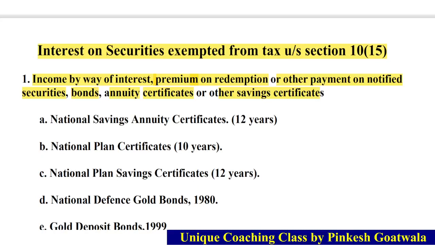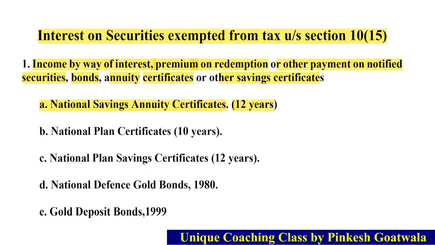So which are they? First, national saving annuity certificate for 12 years. Like we know that we put FD for 5 years, 10 years, this way it is for 12 years. National saving annuity certificate. Remember આ જે પણ certificate છે, bonds છે, okay, એ બધા કોઈ ઇસ્યુ કર્યા છે સેન્ટ્રલ ગવર્મેન્ટ ઓલમોસ્ટ કેસીસમાં, અને ટોટલી એક્ઝેમ્પ્ટેડ છે, ટેક્સ ફ્રી છે. યુ મસ્ટ નો ઓનલી ધીસ નેમ એન્ડ નથિંગ, તમારે નામ યાદ રાખવાના છે, વિચ આર ધે.